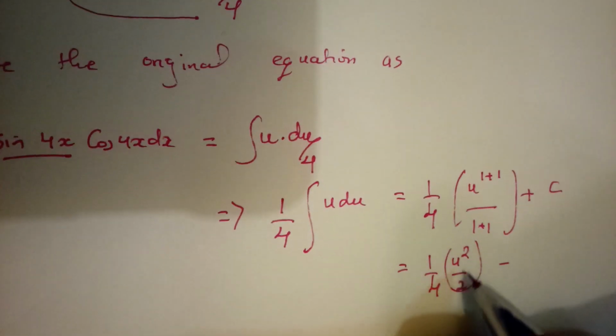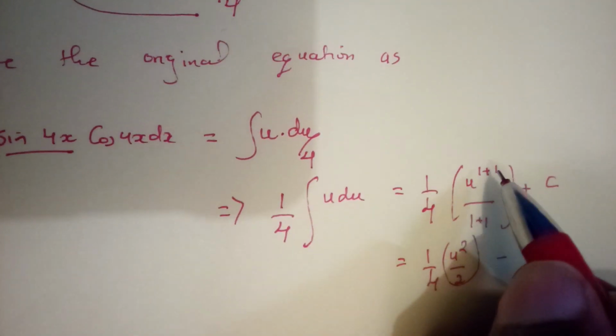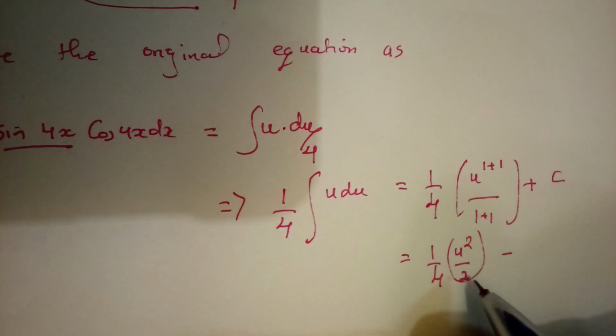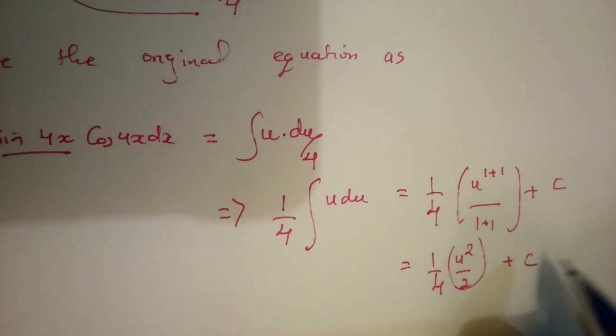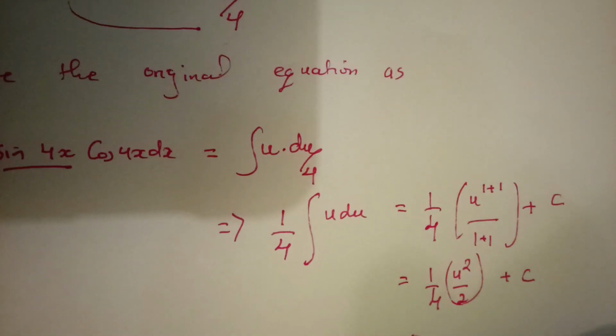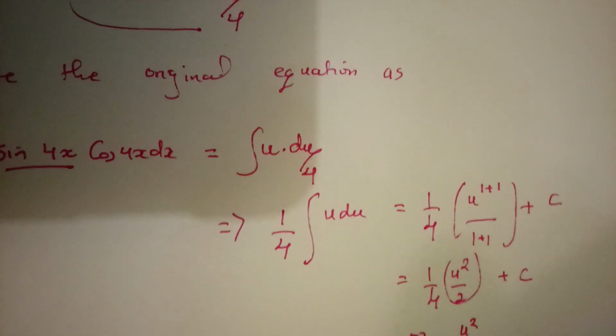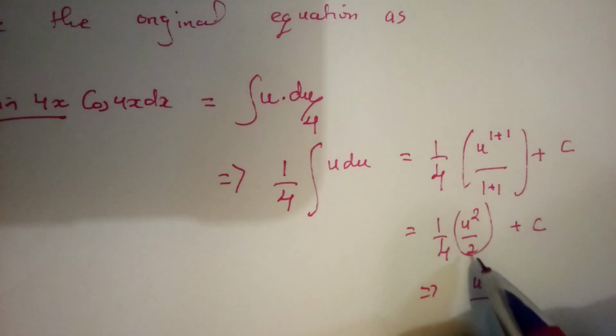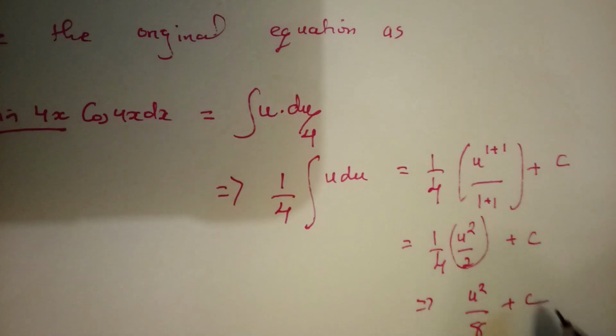So it will be 1 over 4 into brackets u squared over 2, plus a constant of integration. So this will now be u squared over 8 plus c.